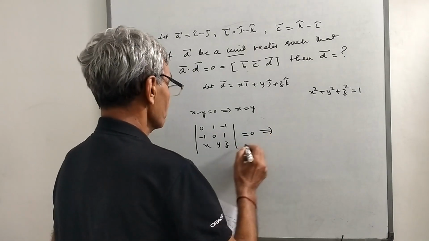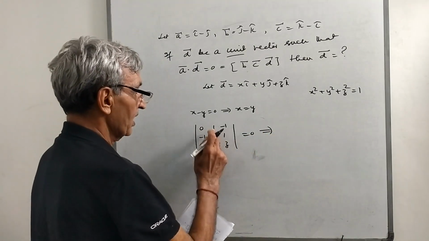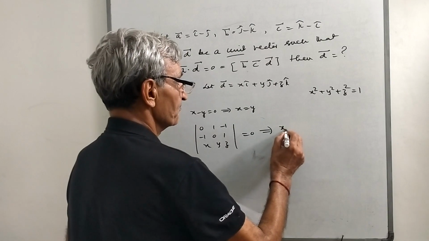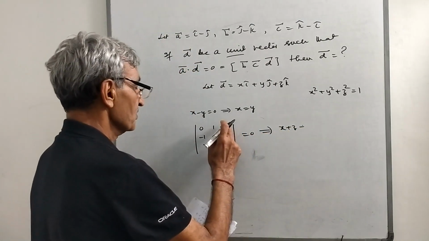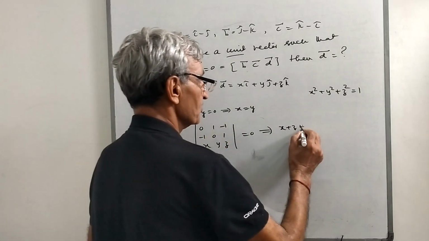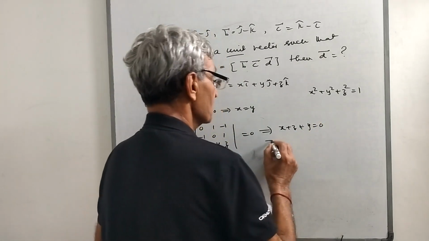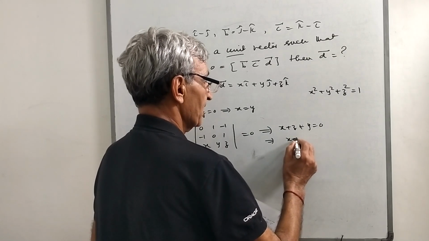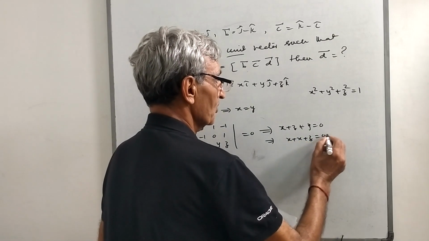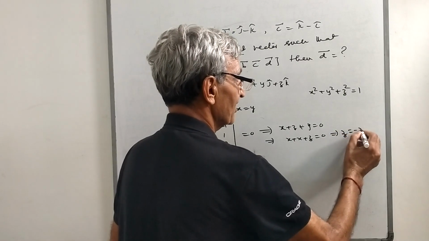Let me expand it: 1 into x plus z, minus 1, minus y, so plus y is equal to 0. So x plus z is equal to 0, and z is equal to minus x.